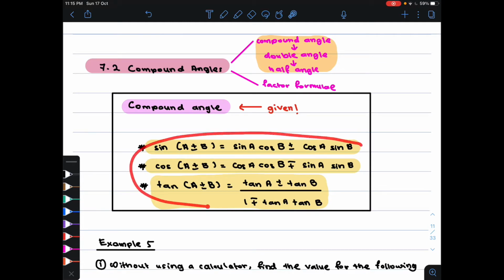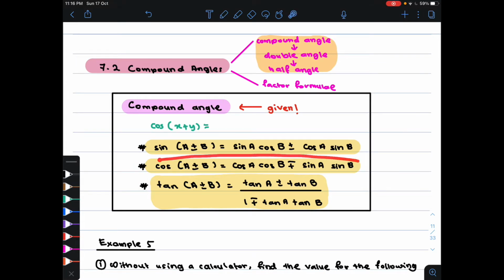So how do we read this formula? Say that you need cos x plus y. Using this formula, we can find what cos x plus y is. So here A is x and B is y, so we're going to change A to become x and B to become y. Note that we need positive.